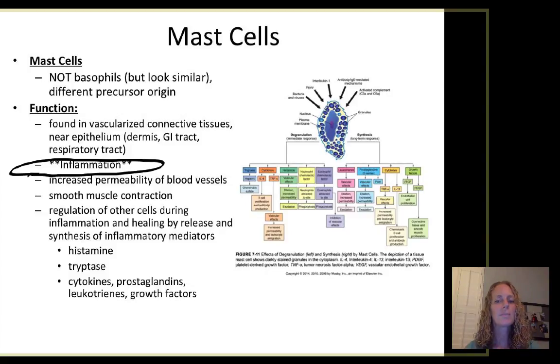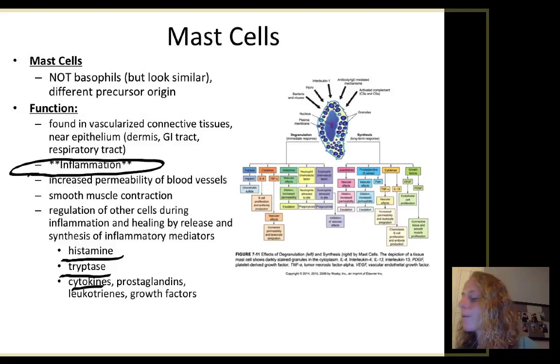They help to increase the permeability of blood vessels, they affect smooth muscle contraction, and they regulate other cells during inflammation and healing by releasing and synthesizing inflammatory mediators, in particular histamine, tryptase, cytokines, prostaglandins, leukotrienes, and growth factors.